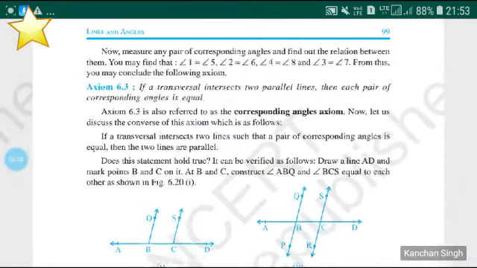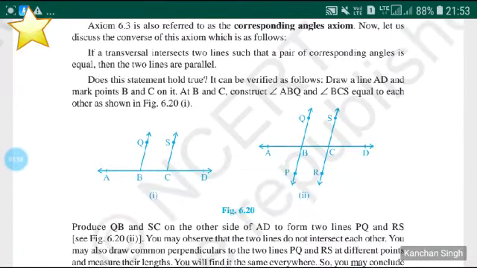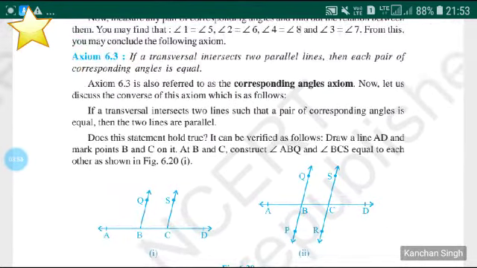The property you have to remember is that if a transversal intersects two parallel lines, then each pair of corresponding angles is equal. While solving problems we should remember this property.